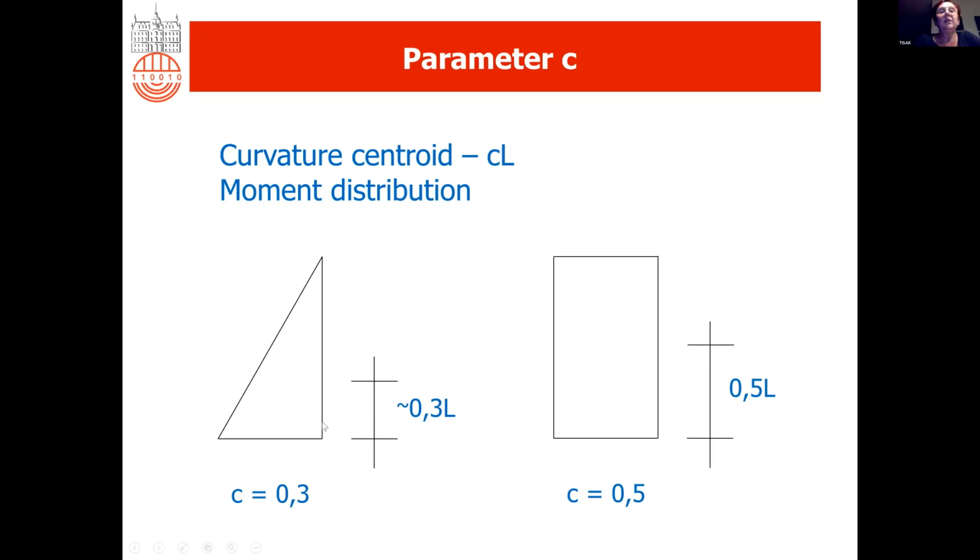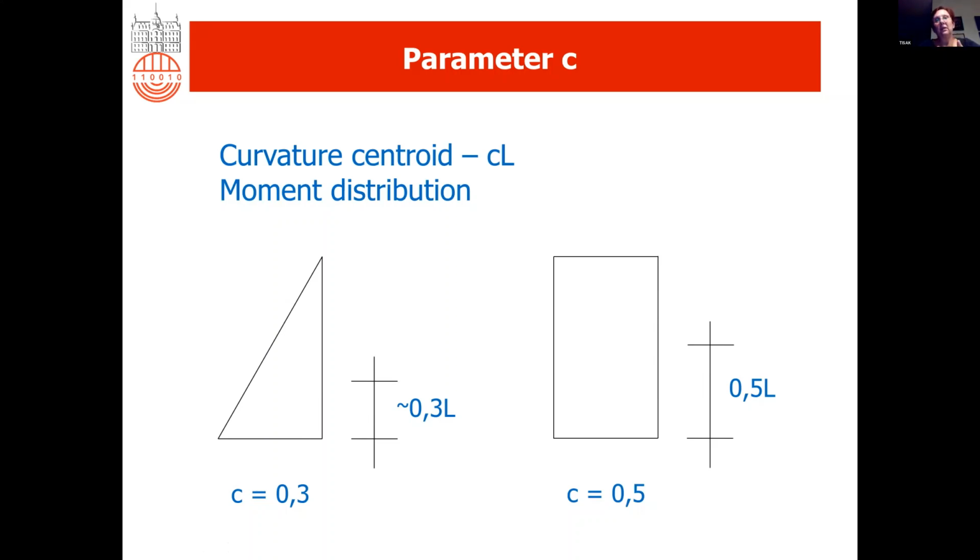If the moment distribution is linear, typically this parameter C is around 0.3. And if we assume that the moment distribution will be almost constant, then this parameter is 0.5.